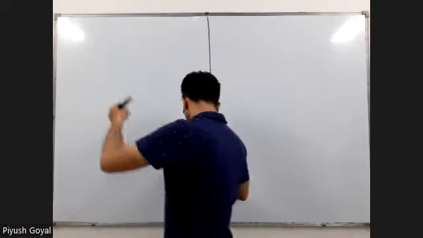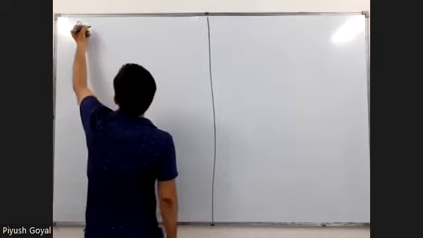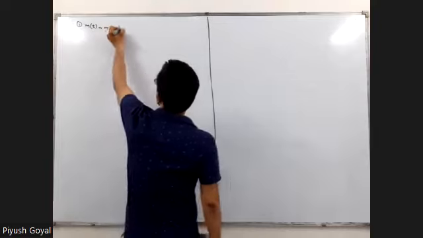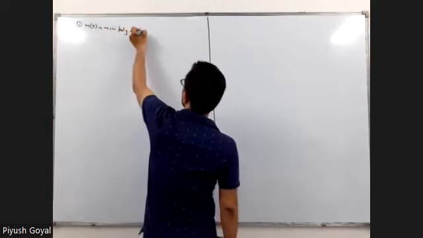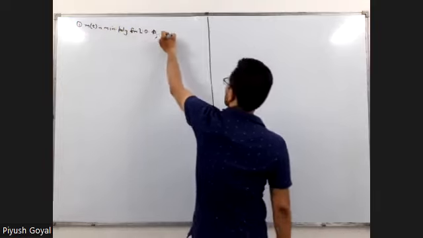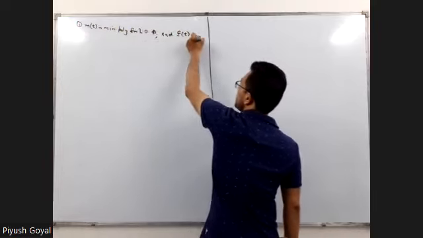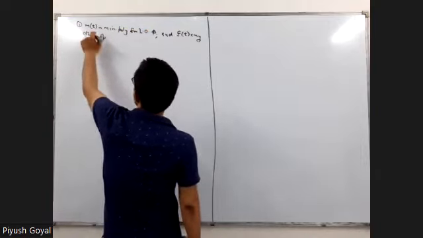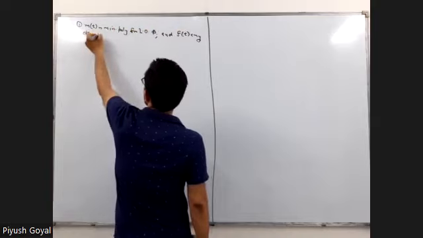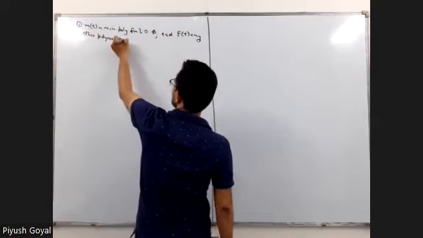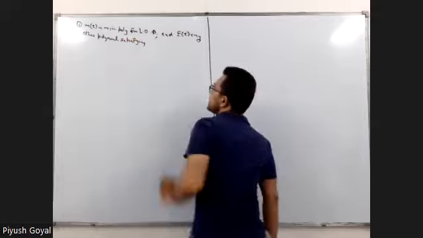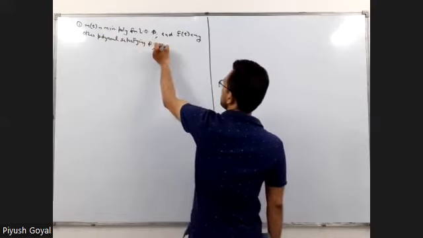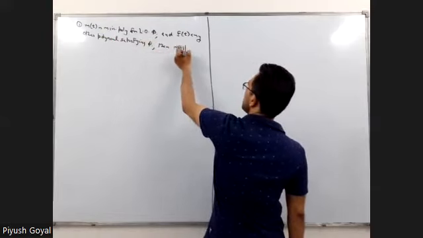The first is: if m(t) is the minimal polynomial for a linear operator phi, and f(t) is any other polynomial satisfying phi, then m(t) will divide f(t).